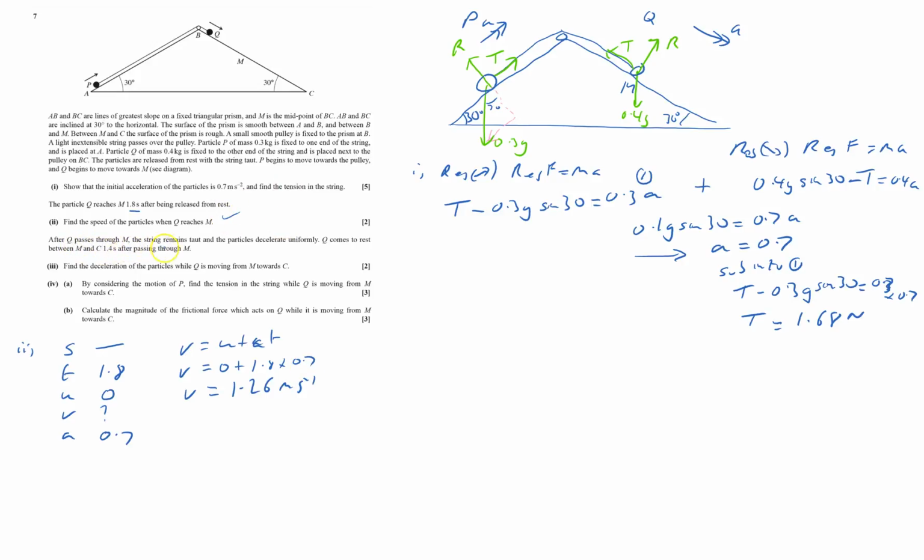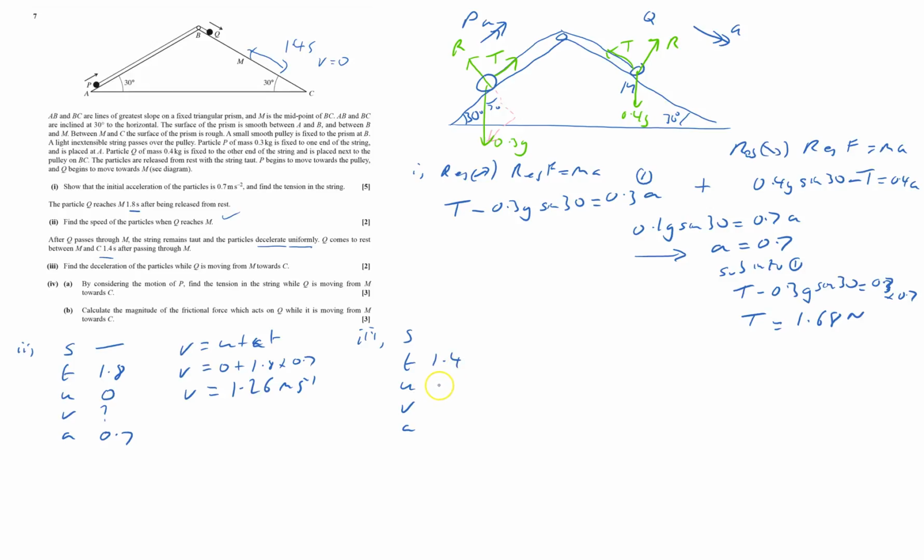After Q passes through M, the string remains taut and the particles decelerate uniformly, and Q comes to rest between M and C, 1.4 seconds after going through M. So that gap there is 1.4 seconds, and then v will equal 0. So again, I've got constant acceleration, so I can use SUVAT. I've got time 1.4.